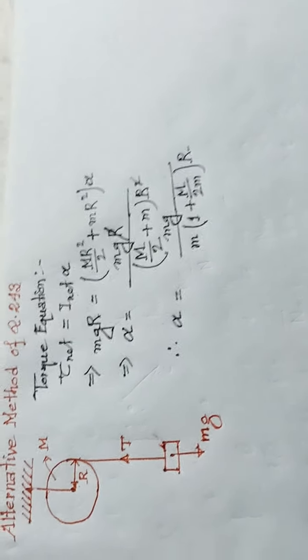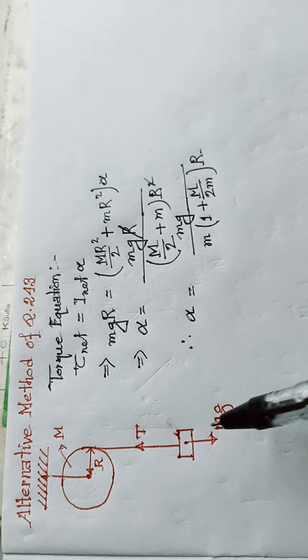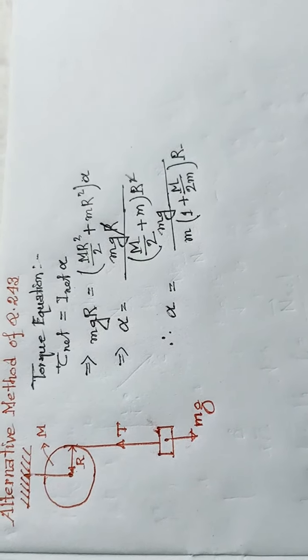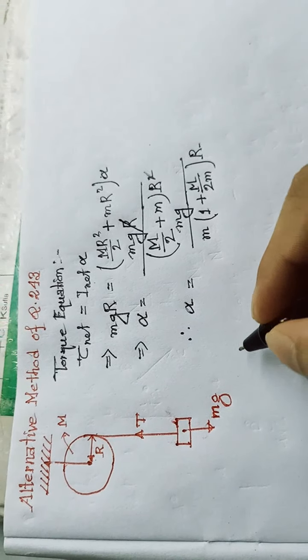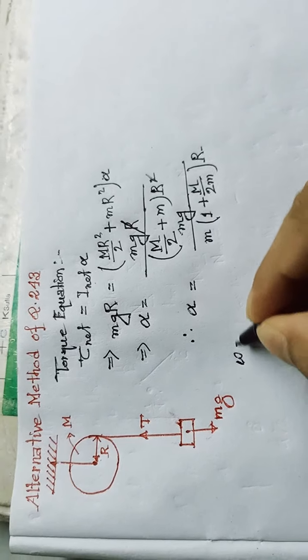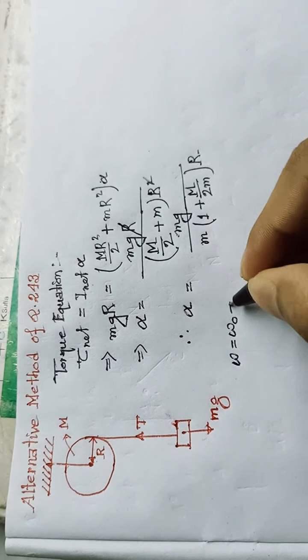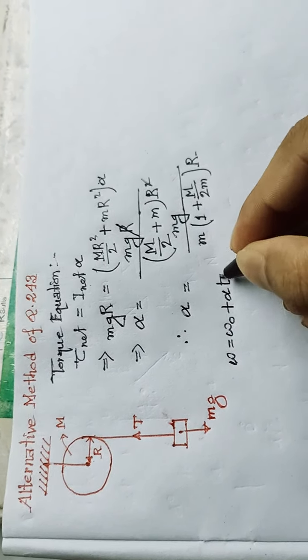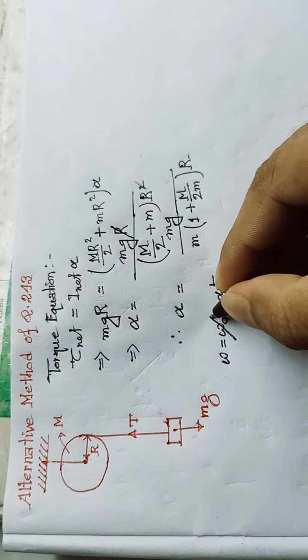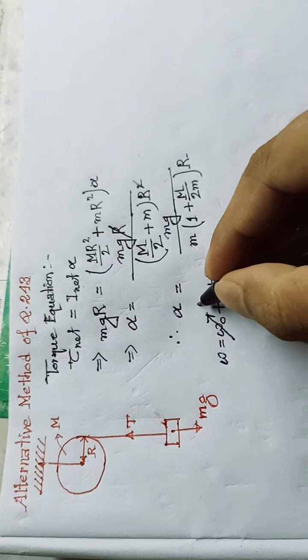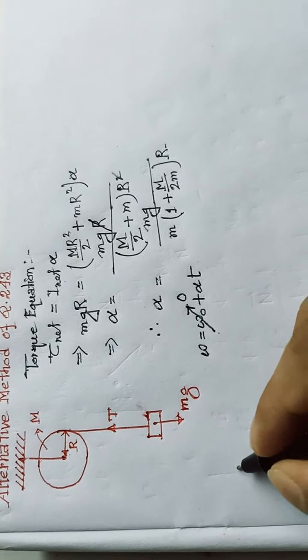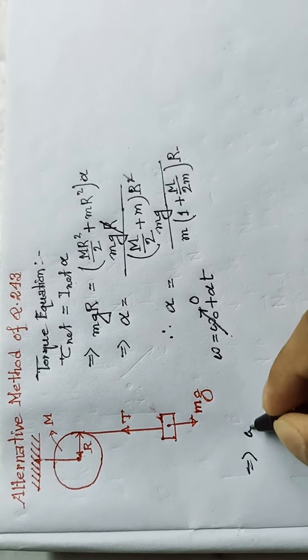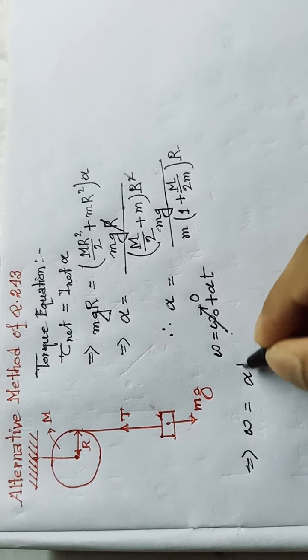Now as we know, the system starts motion from rest. So our equation of motion will become omega equal to omega naught plus alpha t. Its initial angular velocity is 0, so omega naught will be 0. Then our equation of motion will be omega equal to alpha t.